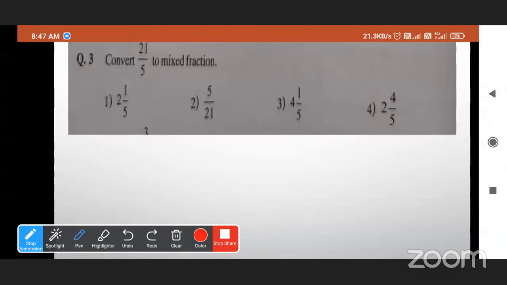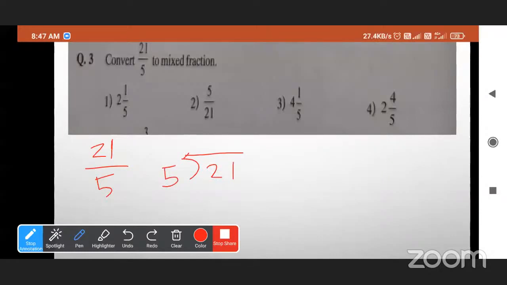Convert this improper fraction into a mixed fraction. So do we multiply or divide? Divide. 21 divided by 5.